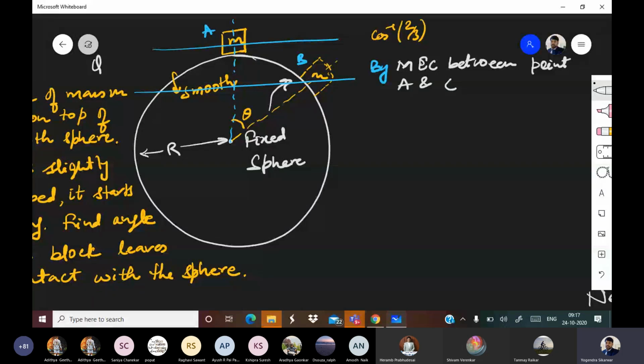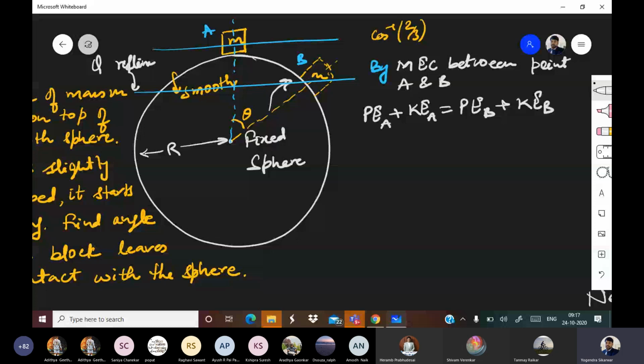So I am considering B as reference line. Okay. So PEA plus KEA is equal to PEB plus KEB.